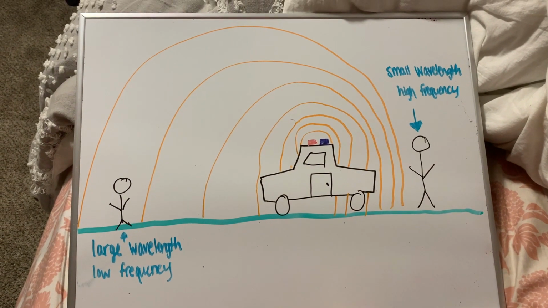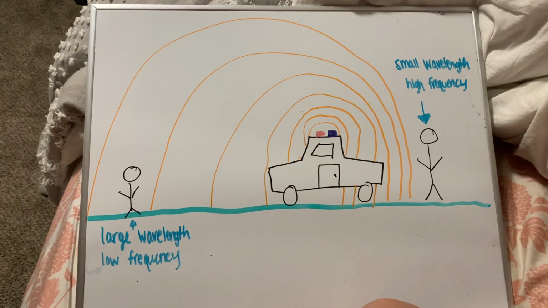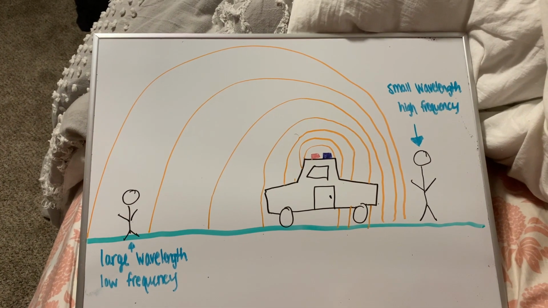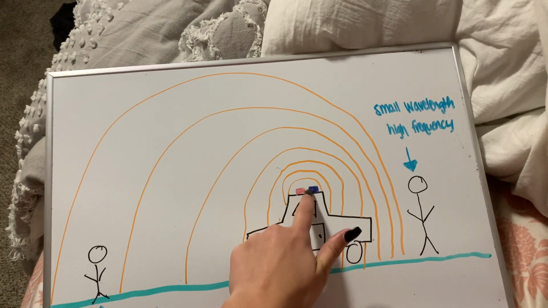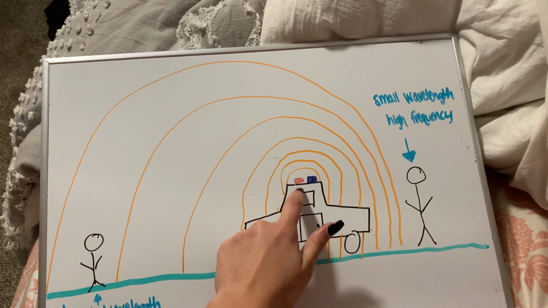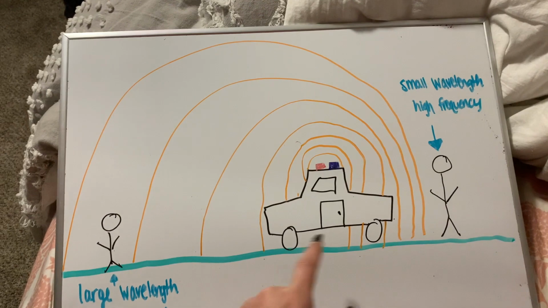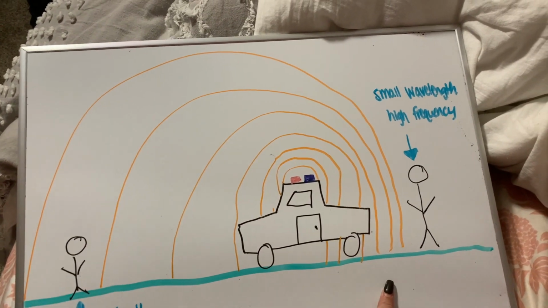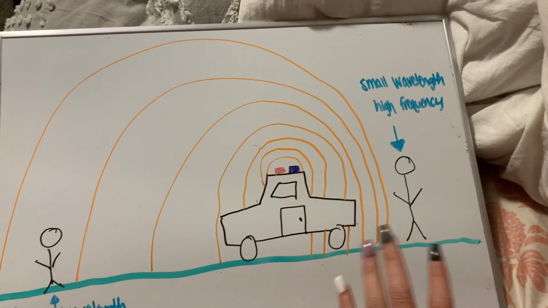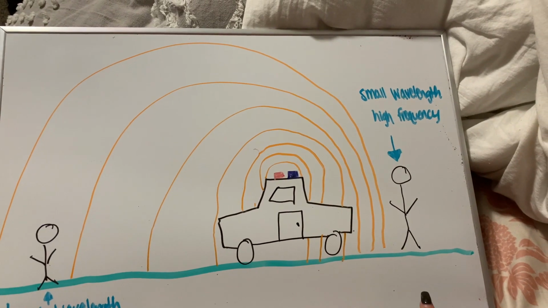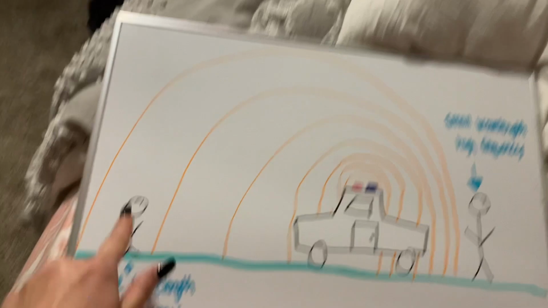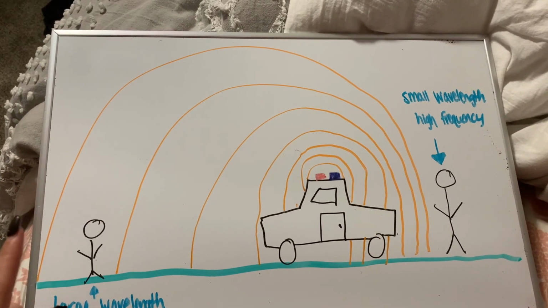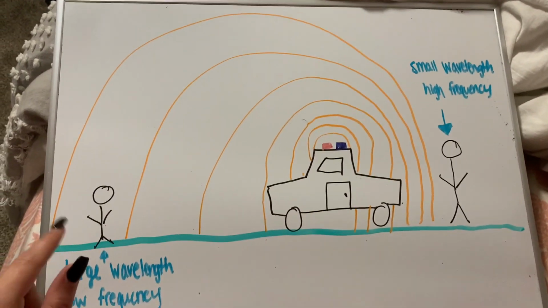Okay, this is a picture that I thought could help explain the Doppler effect. So pretty much this is a cop car, and this is the source of the sound waves. The closer you are to the source, distance wise, the smaller the wavelength but the higher the frequency.